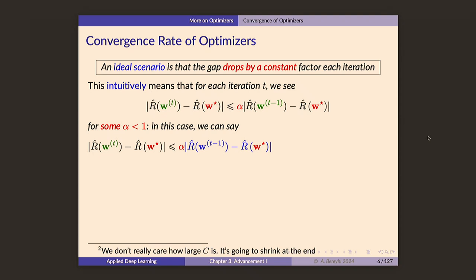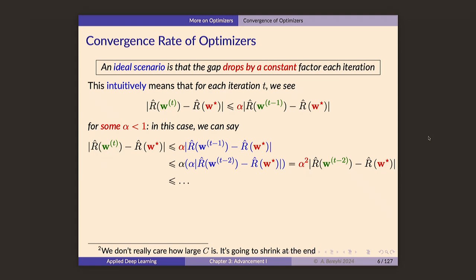And that one is smaller than alpha times the optimality gap in 2 previous iterations. So this blue optimality gap is smaller than alpha squared times the optimality gap in 2 previous iterations.